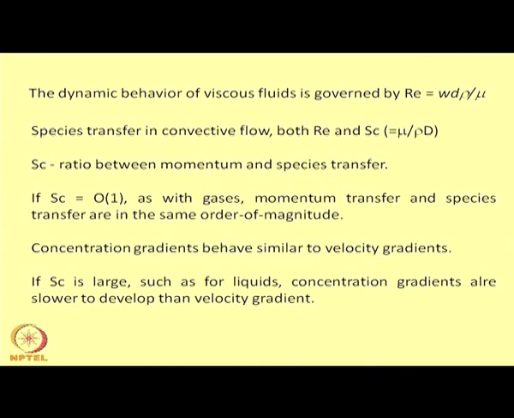That means, for large Schmidt number cases, such as for liquids, the concentration gradients will develop slowly compared to the velocity gradient. So, the velocity will be hydrodynamically fully developed, but not fully developed as far as the mass transport is concerned. So, the values of these similarity parameters tell us important information about not only the nature of the process, but how fast the different components of the processes are.